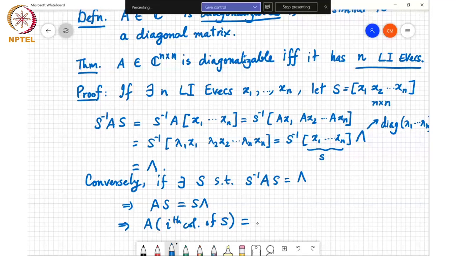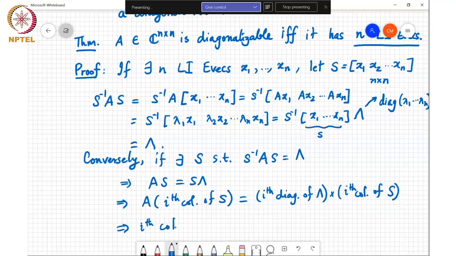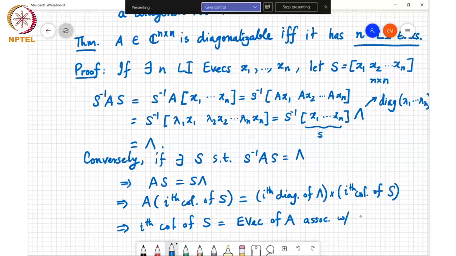So A times the ith column of S is equal to the ith diagonal entry of lambda times the ith column of S, which means that the ith column of S is the eigenvector of A associated with the ith diagonal entry of lambda as eigenvalue.